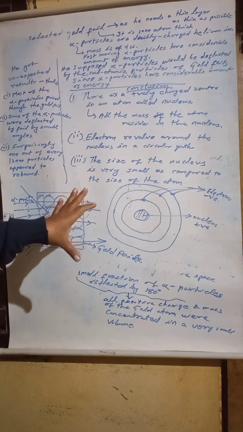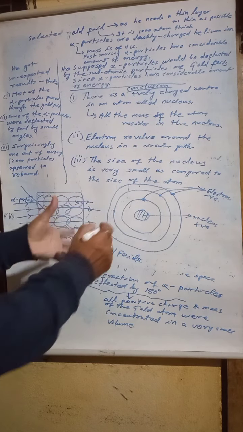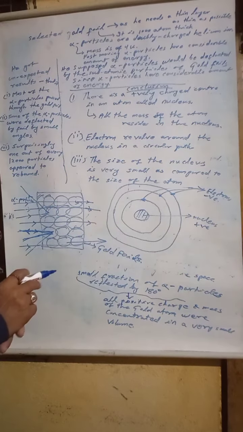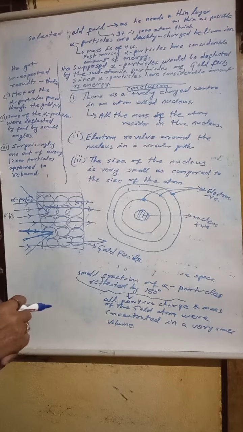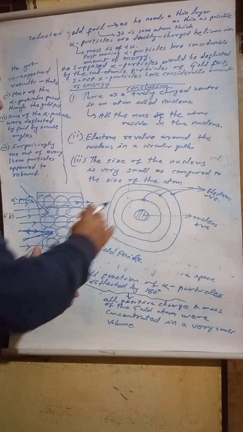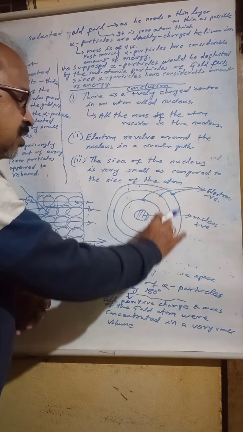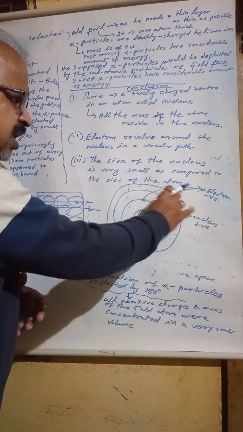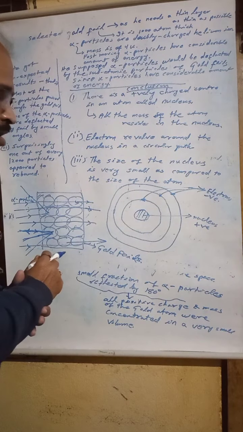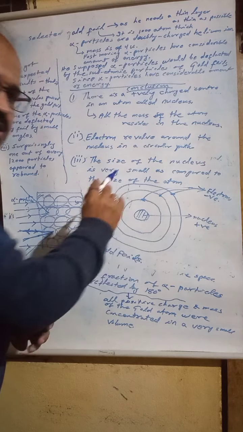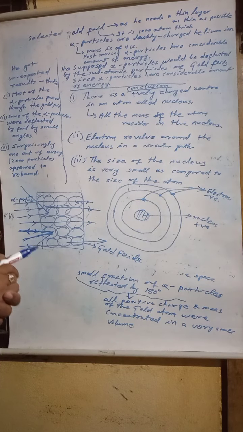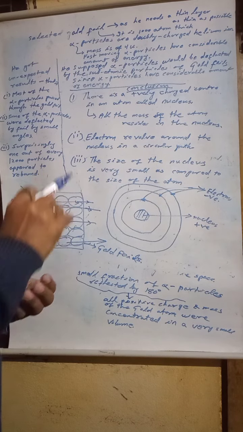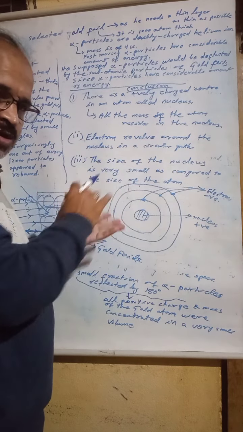So now, suppose the negatively charged electron revolves in a circular path around the nucleus. It has some charge, some energy. When it continuously rotates, the energy will go on decreasing slowly, and it will lose charge.